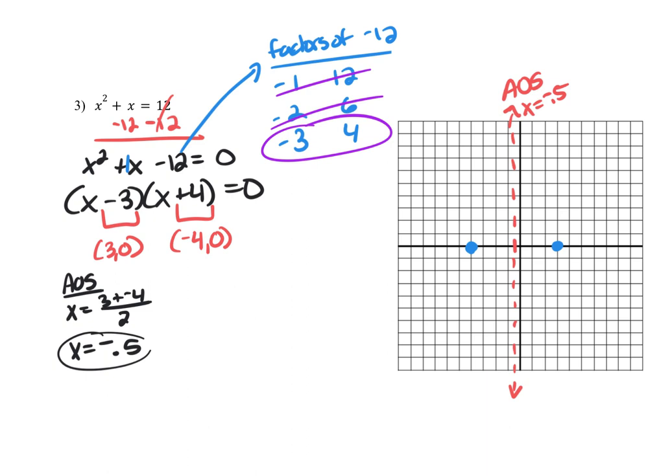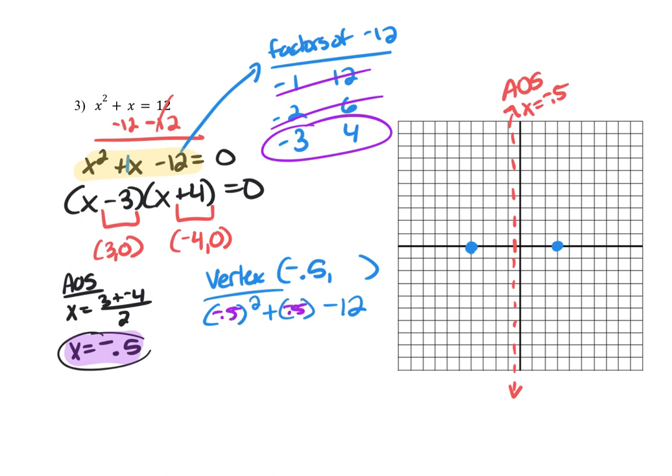So we're good there. Now we just plug -0.5 into our original, before we factored it, and we'll find our y for our vertex. Vertex is a point, so we already have the -0.5. So now we're just plugging in to find the y value. So I have x squared plus x minus 12, and inside those parentheses, I'm putting my -0.5.